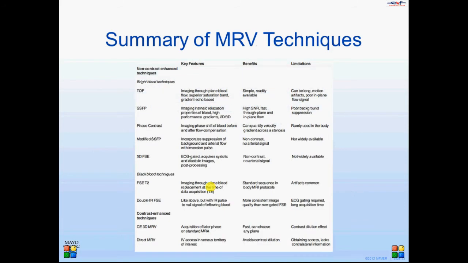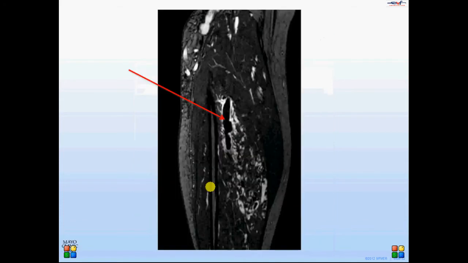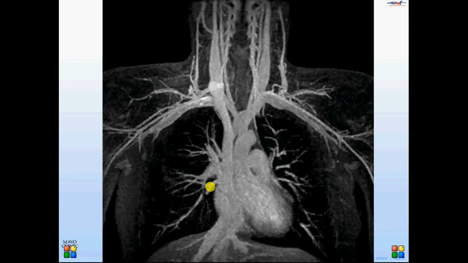This is just to demonstrate how complex diagnosis of venous disease can be. Those are the different protocols that can be used for depiction of the venous system. And this is a study done with an albumin-connected MR agent, and it demonstrates a filling defect and acute thrombus in the femoral vein in this case.